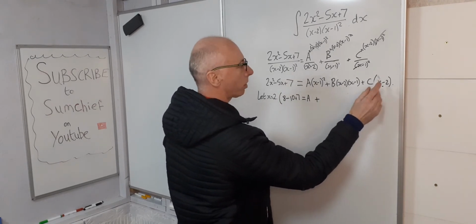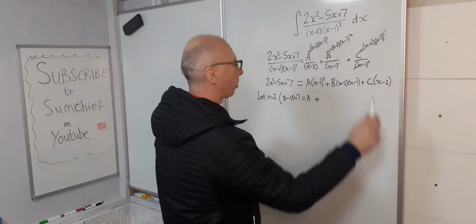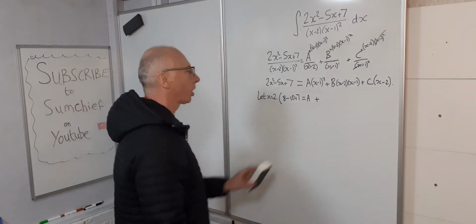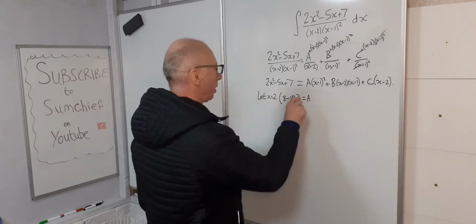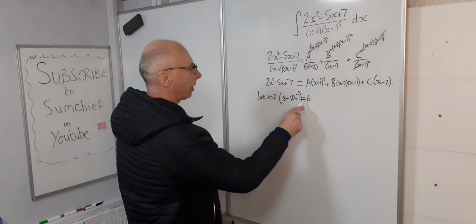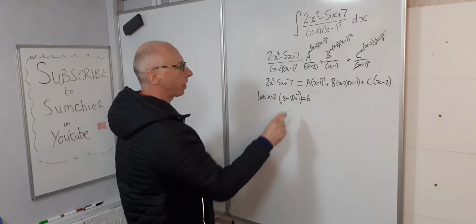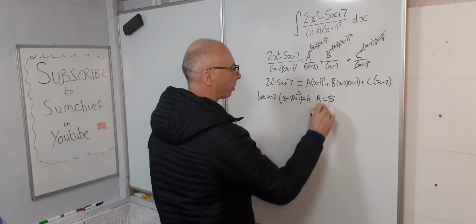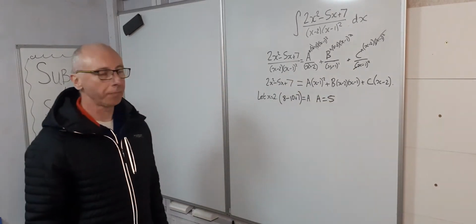Plug in 2 into this one, and the whole thing also disappears. So basically we don't even need this plus sign here, we've just got the A. So A equals 8 minus 10 plus 7, so we've got this one nice and easily: A equals 5. That's a great start.